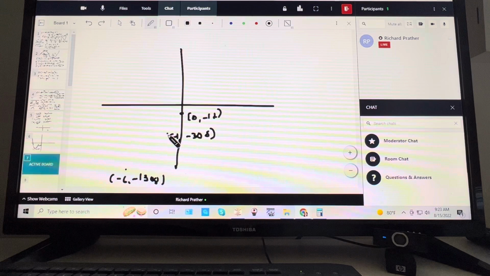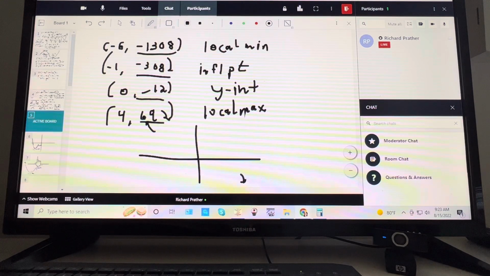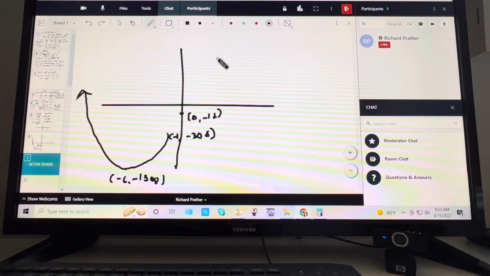So from this point right here, all the way through the local minimum and to infinity, that's concave up right there. So I've got an upward curvature this way. And then the local maximum is (4, 692). Let's just put that here.